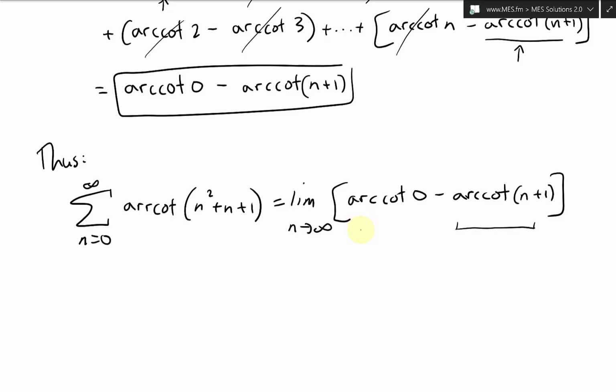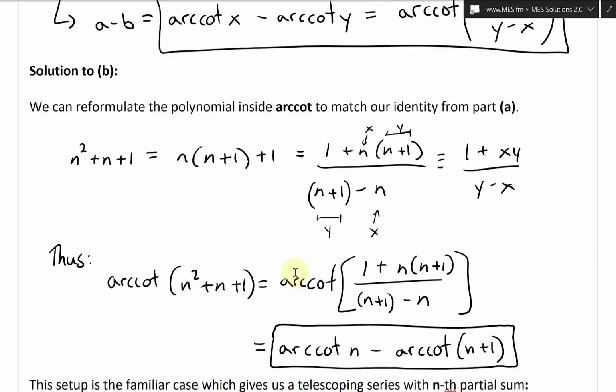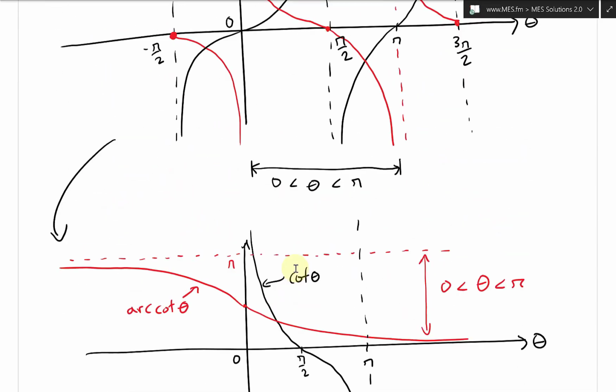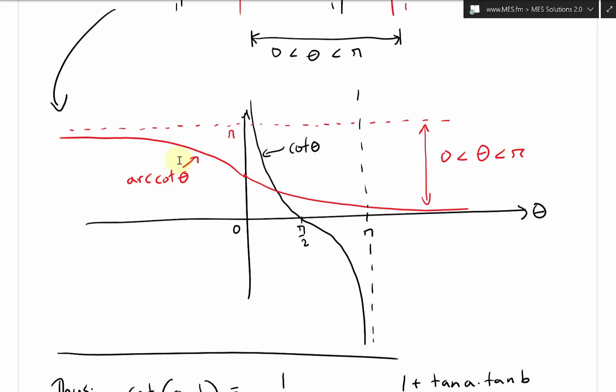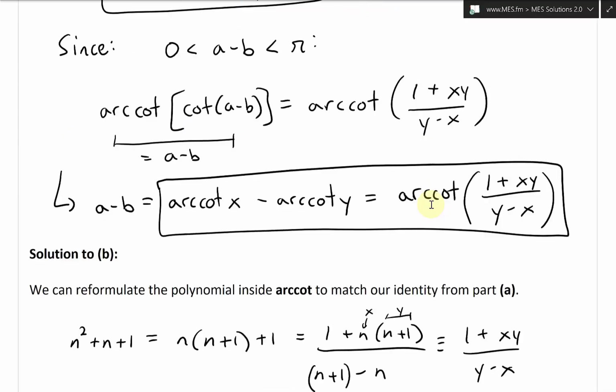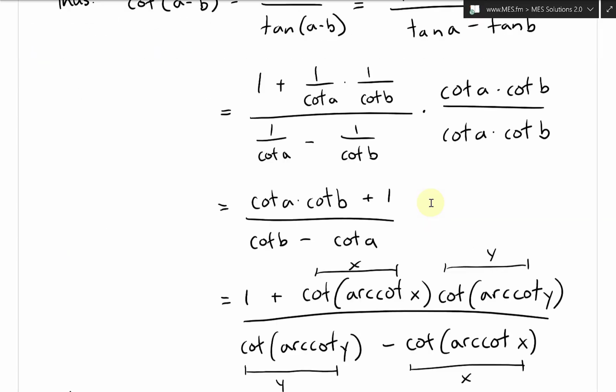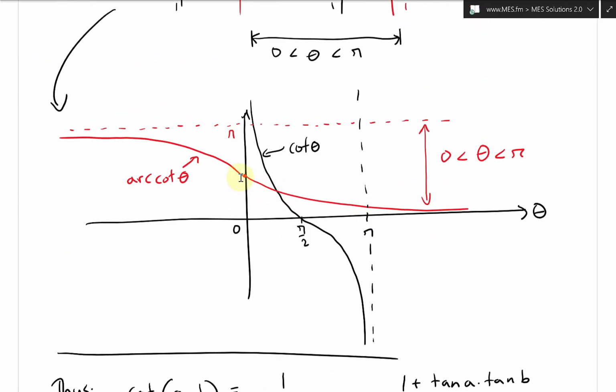So this part right here is approaching arc cotangent of infinity. And if we see our earlier graph above here, as theta is approaching infinity, this is approaching 0. So that's approaching infinity, and when it's at 0, this is at pi over 2.